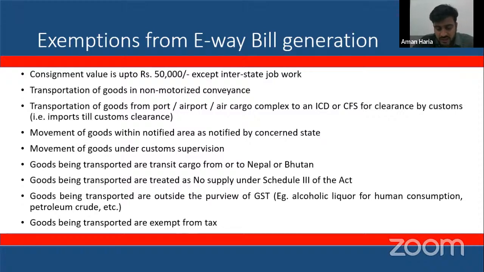When goods are moved which are treated as not a supply under Schedule 3 of GST, you are not required to prepare the EWB. If they are exempt from tax, again you are not required to generate an EWB. And lastly, if the goods transported are outside the purview of GST, for example alcohol for human consumption or petroleum crude, then also you are not required to generate an EWB.